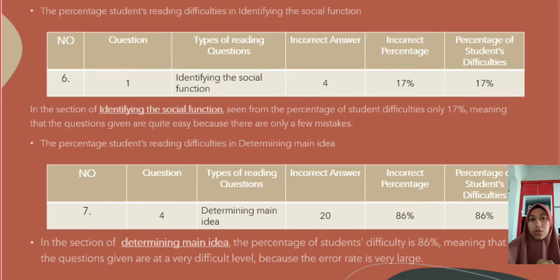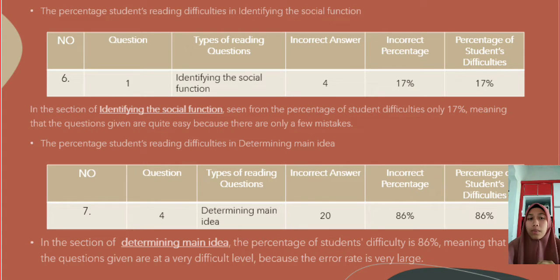And the percentage of student reading difficulties in identifying the social function. In this section, seen from the percentage of student difficulties, only 17%, meaning that the questions given are quite easy because there are only a few mistakes. And the next is the percentage of student reading difficulties in determining main idea.